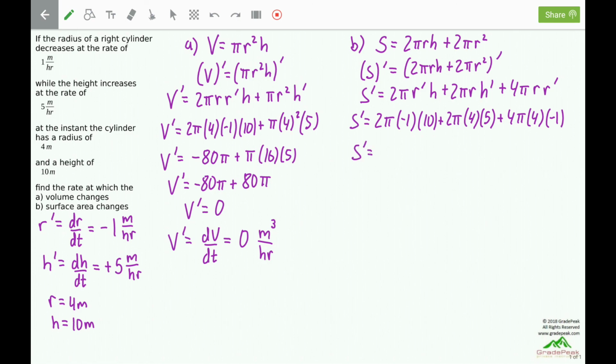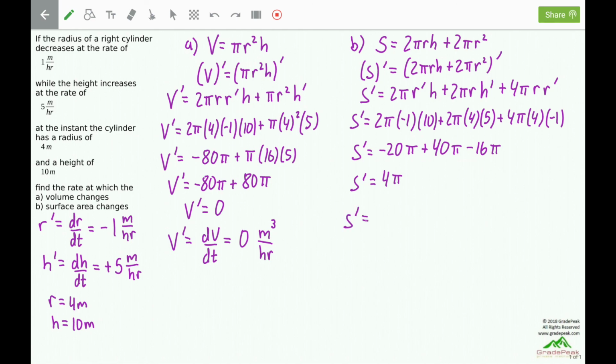So S prime will equal the first term, 2 times the negative 1, negative 2 times the 10 is negative 20, and then times the pi, plus 2 times 4 is 8 times the 5 is 40, and then times the pi. And then 4 times 4 is a 16 times the negative 1 is negative 16, and then times the pi. So S prime comes out to negative 20 plus 40 is 20, and then minus 16 is 4, and then times the pi.